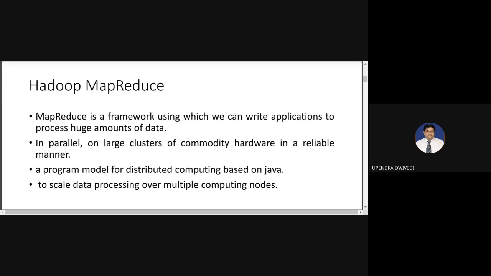Hadoop MapReduce uses multiple computing nodes. These nodes help it to scale the processing. What does scaling the processing mean? Suppose you have one single system computing some data. What happens after adding more computers? You scale the processing.